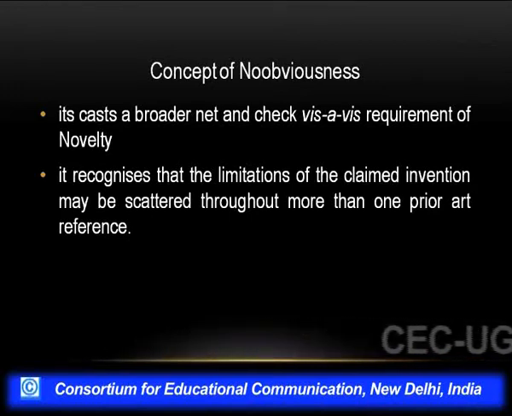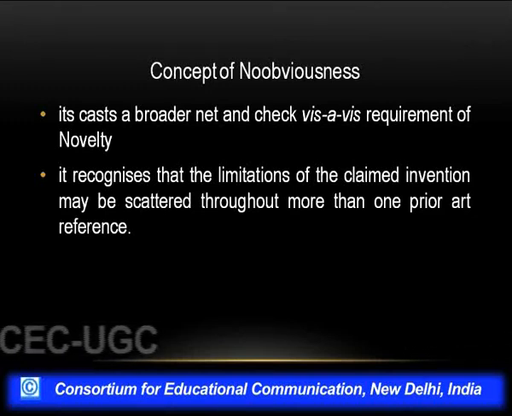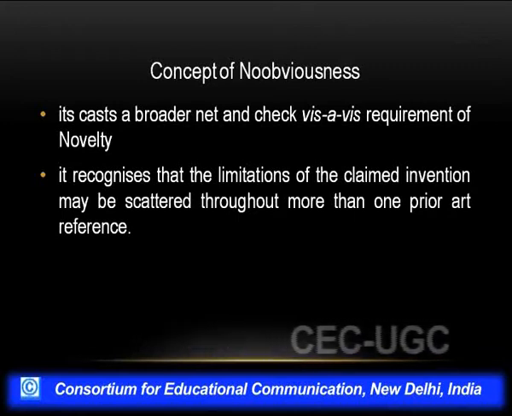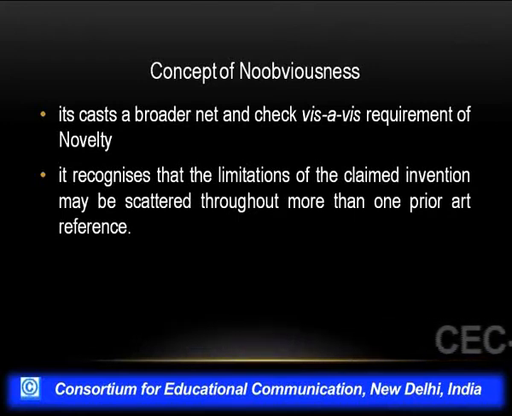It says that this requirement of non-obviousness recognizes the limitation of the claimed invention, which may be found scattered throughout more than one prior art reference.